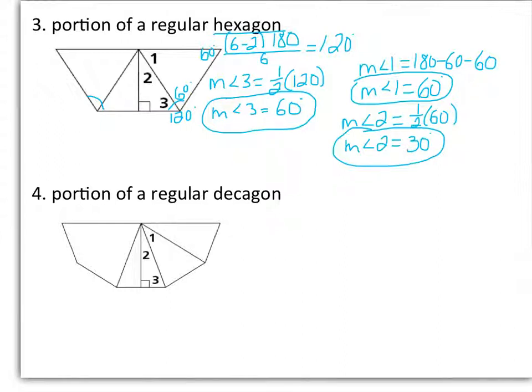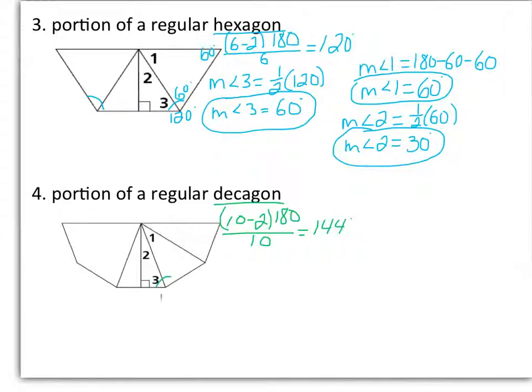Okay, and number 4. We have a portion of a regular decagon. So decagon has 10 sides. So 10 minus 2 times 180 divided by 10. So the measure of each interior angle is 144 degrees.